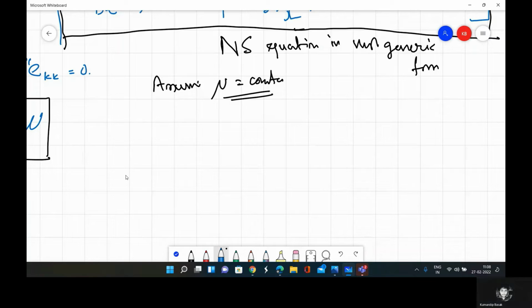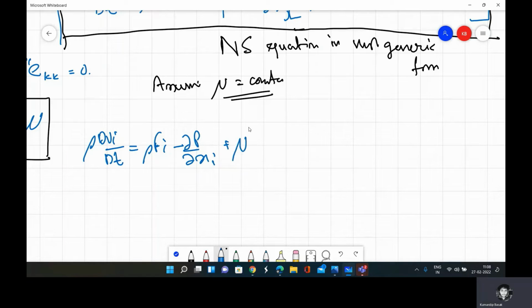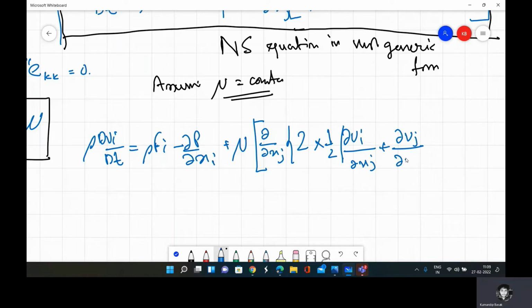We are getting rho dui by dt equals rho fi minus dou p by dou xi plus mu dou by dou xj of 2 into half, a mathematical construct that we can form, dui by dou xj plus dou uj by dou xi. We just broke the eij part.